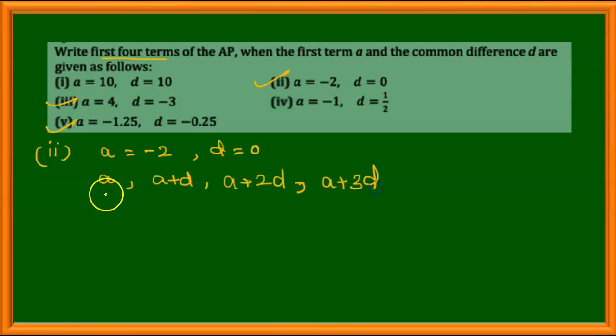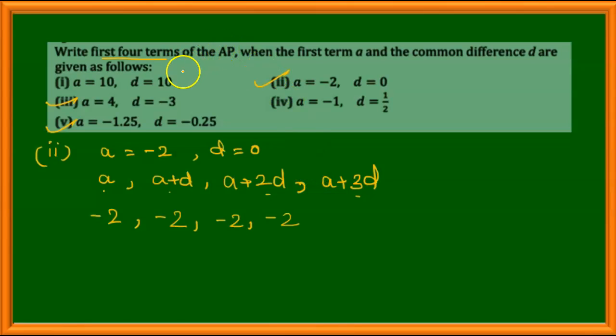So these are the 1, 2, 3, 4 terms, correct? So this is minus 2, and a plus d becomes 0 added, so you will get again minus 2. If 2d, then 2d becomes 2 into 0, which is 0, again you will get the same. And minus 2, the four terms we got.